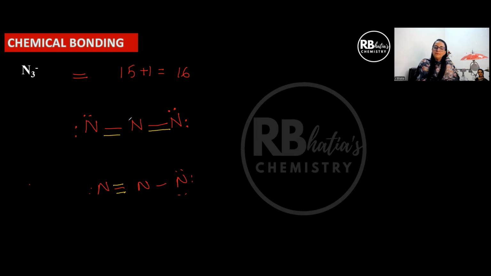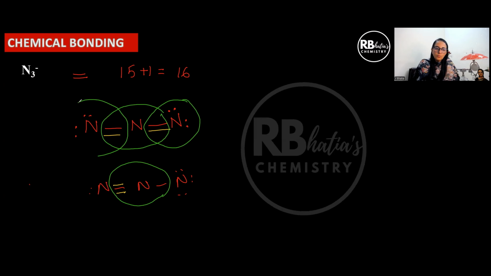So what is the purpose? Purpose is to let nitrogen have its octet getting completed. It can be done in either of the two ways. Later on, we'll understand these two are resonating structures of azide. Is it right? So you can see each of these nitrogens in both the structures have their octet completed.